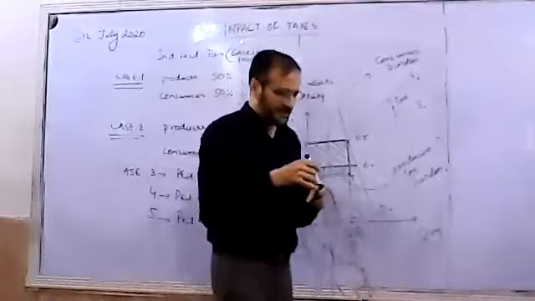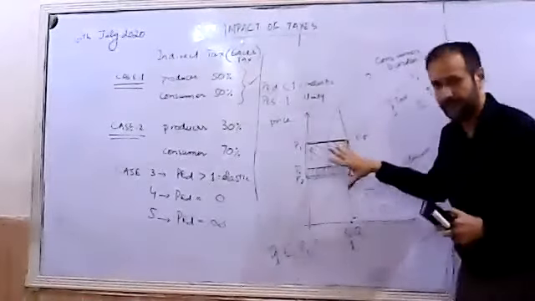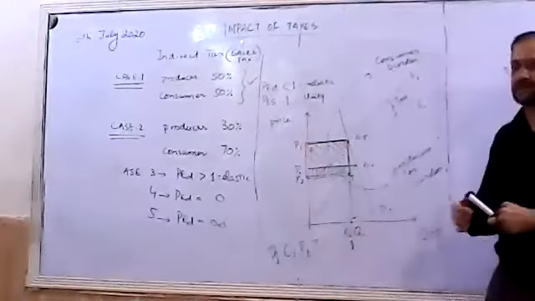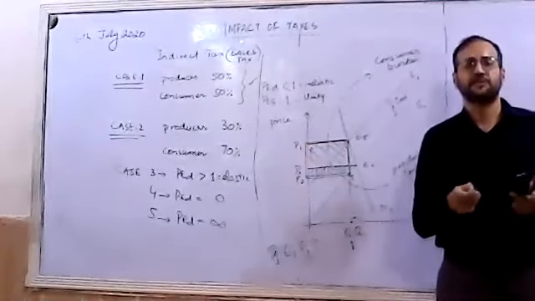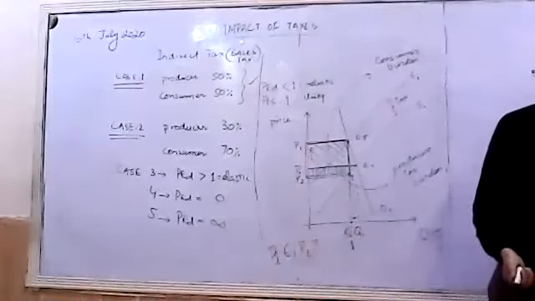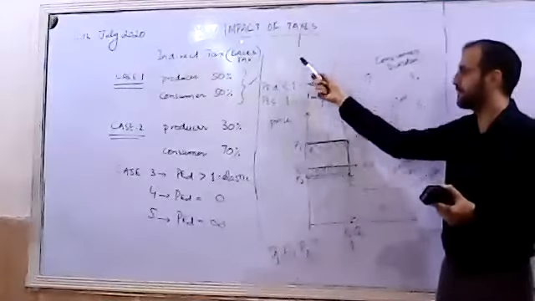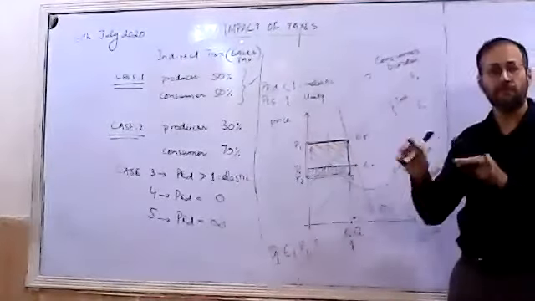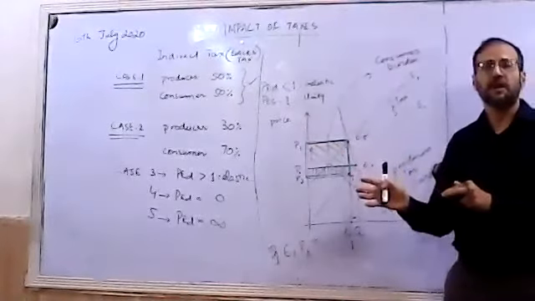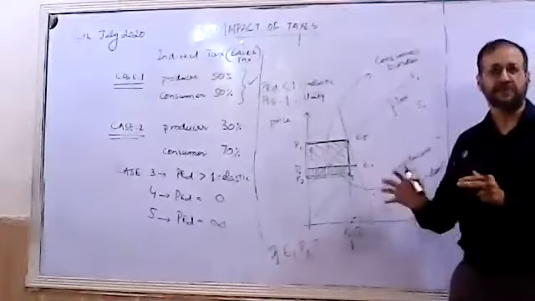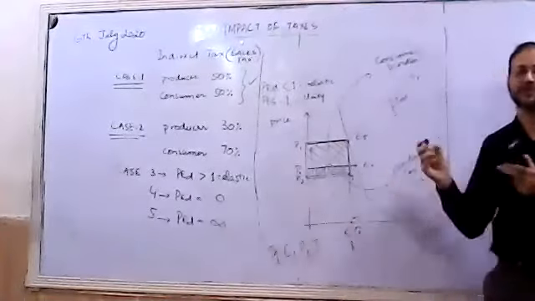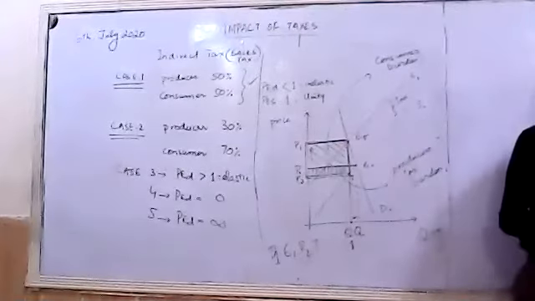If the demand changes its position depending upon its elasticity, that explains how the impact of tax creates more burden on which part of the market. Is it going to be on the consumer or on the producers?